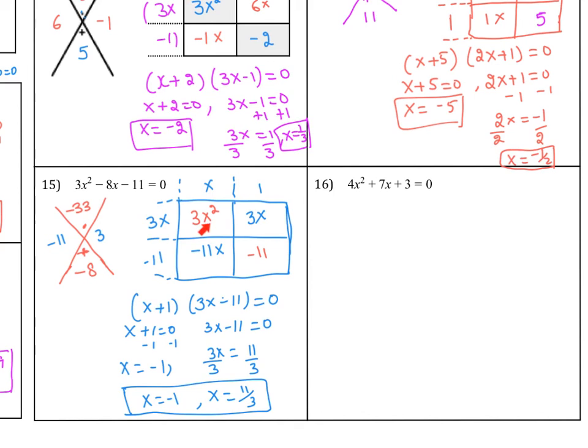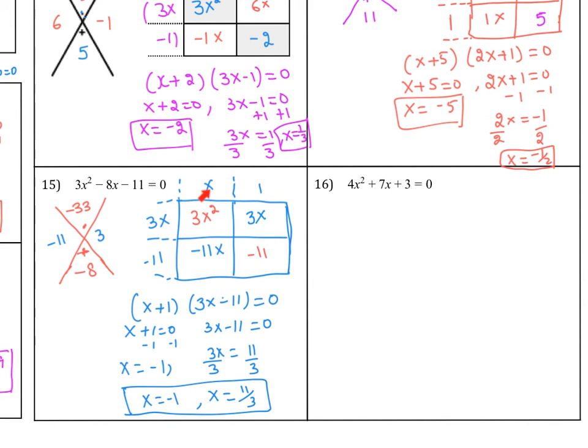On this one you're going to write the first term, and on the last one you're going to write negative 11. These two boxes would be filled with the numbers that you just found. So that's 3x and negative 11x. The GCF of the first row is going to be 3x and the GCF of the last row is going to be negative 11.